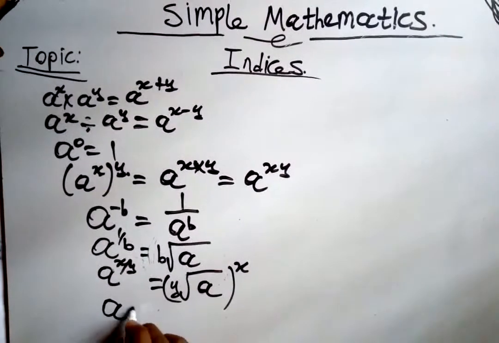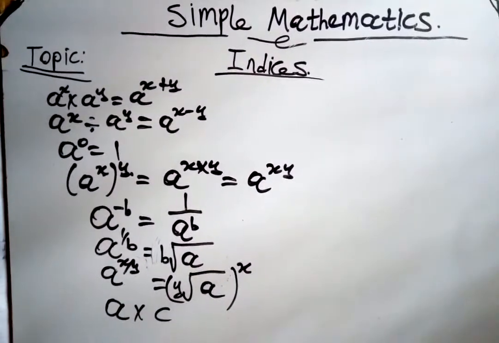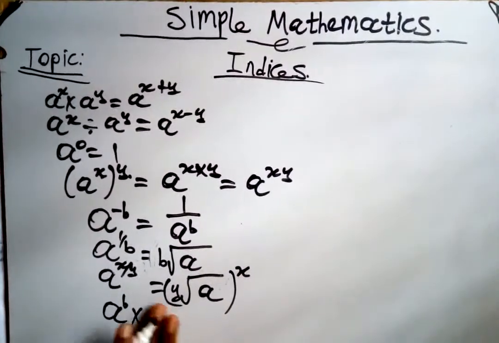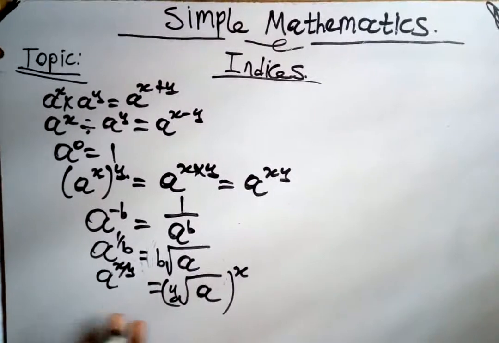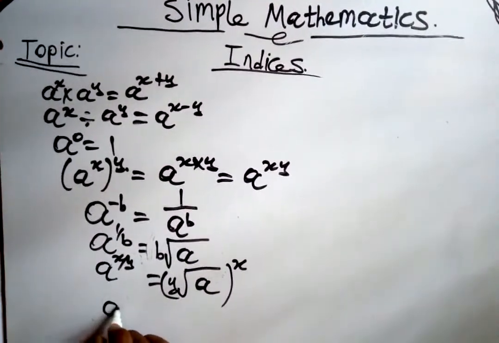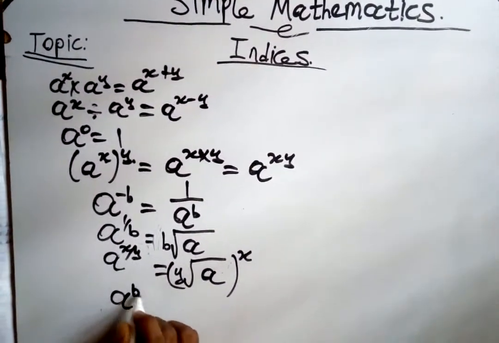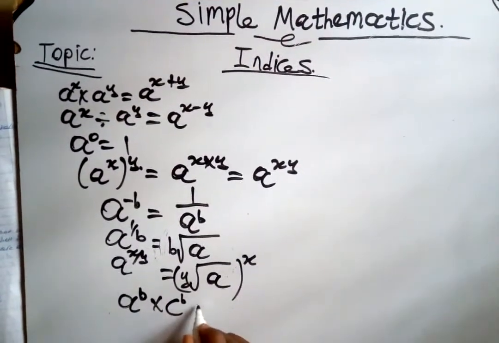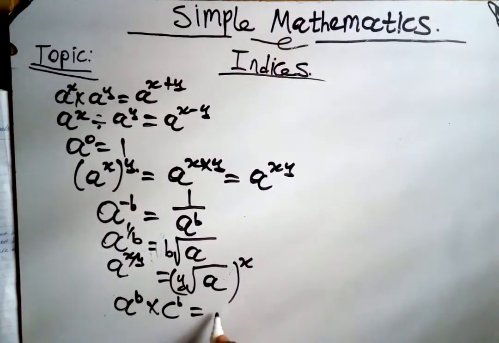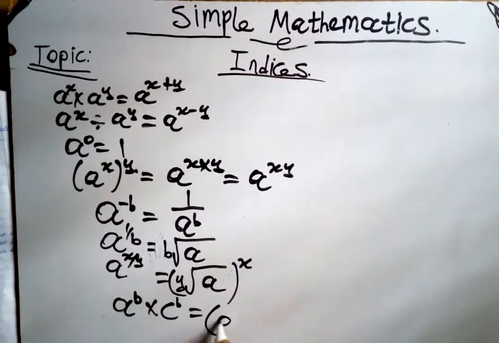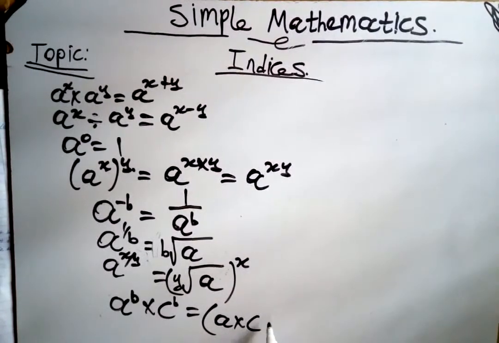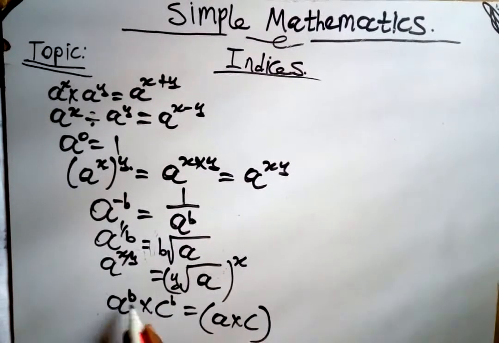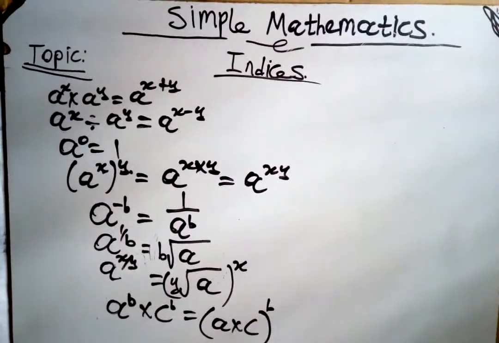But when we have something like this, different variables and they both have the same power, the result would be the two variables a and c multiplied together, and then you just put the common power there.